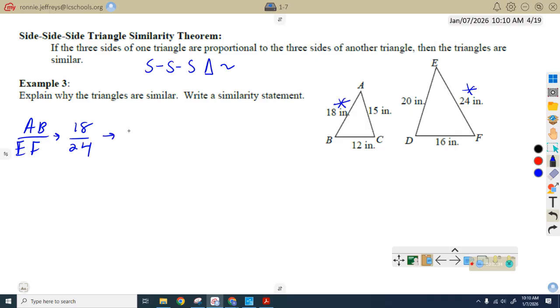This is 3 over 4. So we need all these other ones to reduce down to 3 over 4. We're going to say BC and FD. So that's 12 over 16, which is 3 over 4. Right now it's looking pretty good.